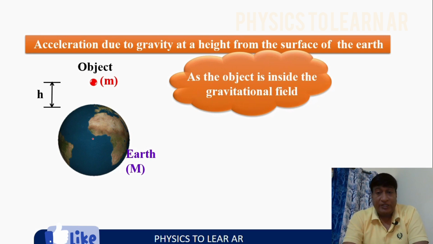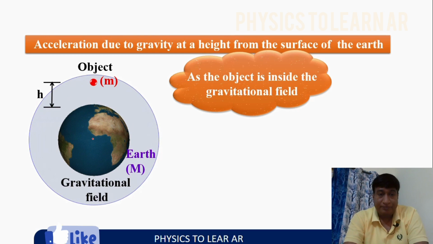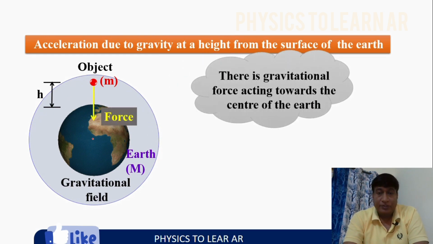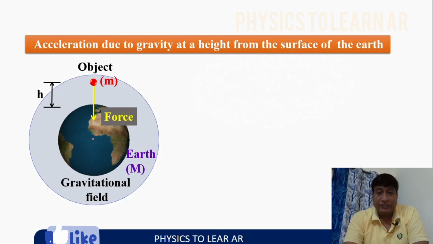The object is inside the gravitational field, which is nothing but a force of attraction. If it is outside, it cannot be attracted, so in simple form we say it is inside the atmosphere. There is a gravitational force acting towards the center of the earth.